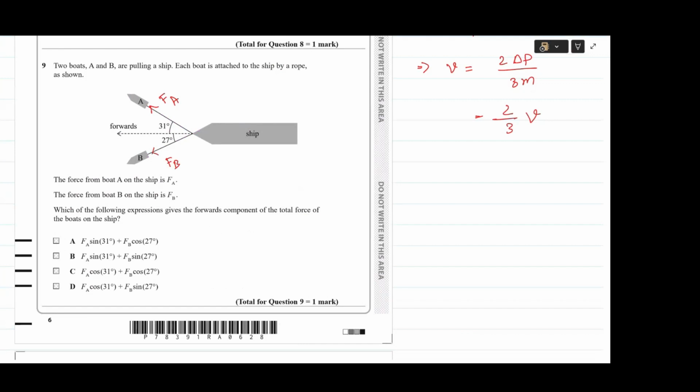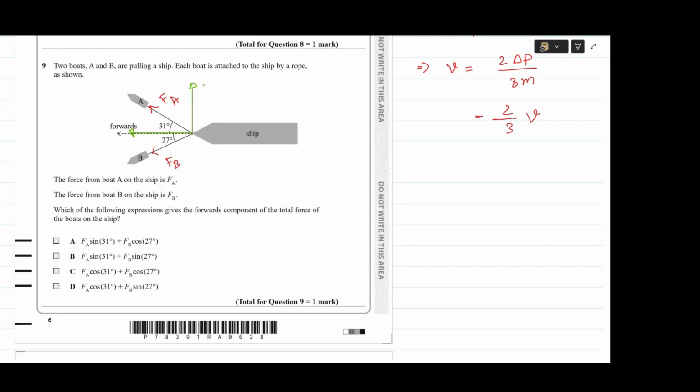As we know, if a force is at an angle, then we need to divide it into different components, a vertical and a horizontal component. So let's do that. For force A, the components are going to be this and this. We are going to divide the component from the tail of the force.